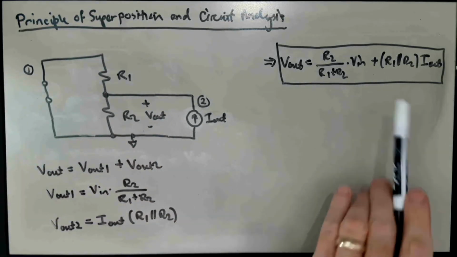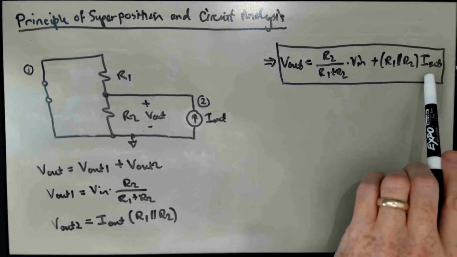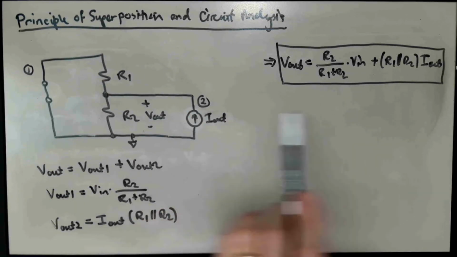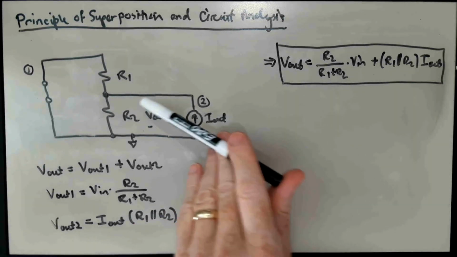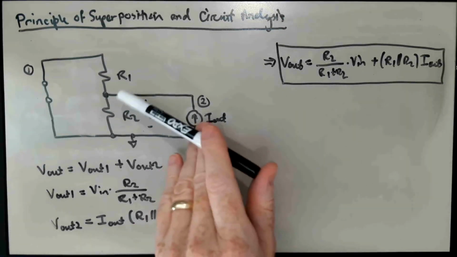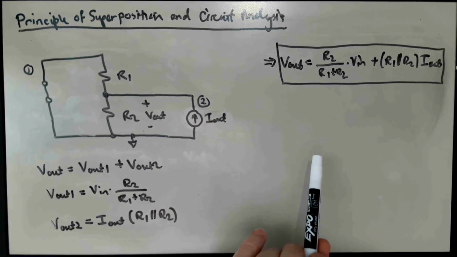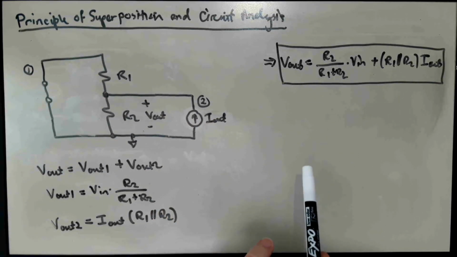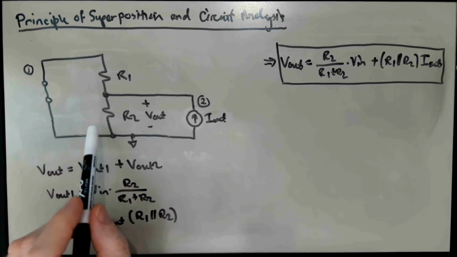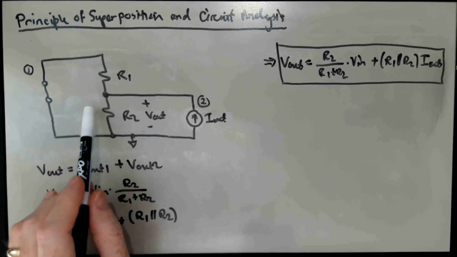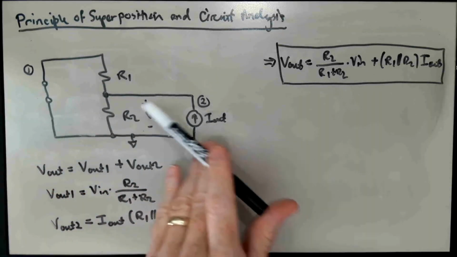Well, the answer is it shifts precisely by the current that's being sourced or sunk from this middle node times R1 parallel R2. We would say the resistance seen looking back into this node here. And so if you need to supply milliamps of current, and you're building this resistive divider out of, say, kilo-ohm resistors, then milliamps of current times kilo-ohm resistors is like volt shifts, right?